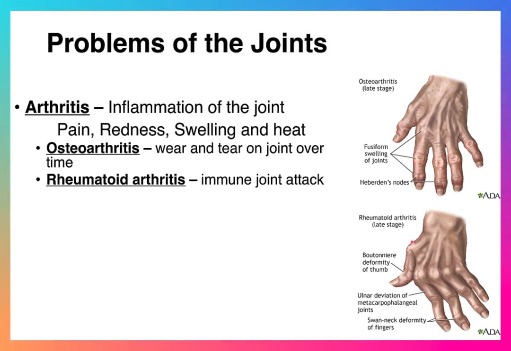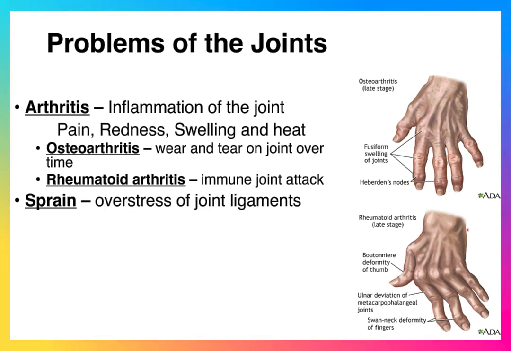The last thing I'll say about rheumatoid arthritis is that it is a systemic disease. It's important to understand that's true, which means that people with rheumatoid arthritis can have other effects of their disease other than just joint problems. It can affect the heart, it can affect the lungs, it can cause serious problems outside of the joints.